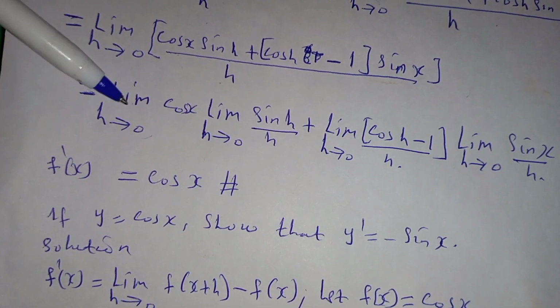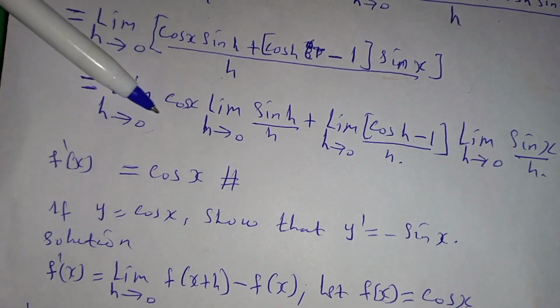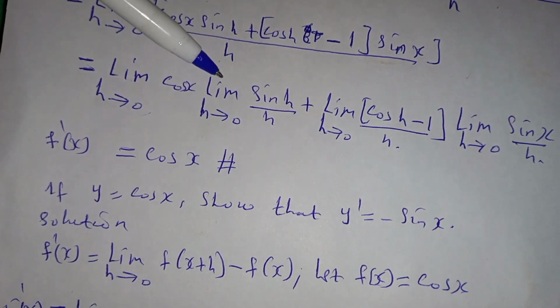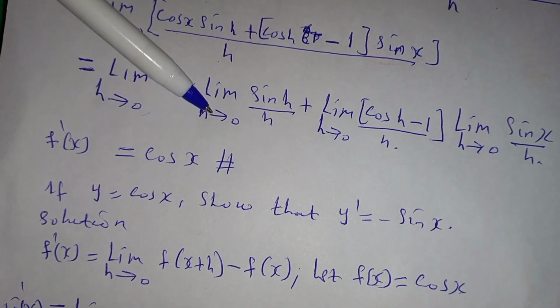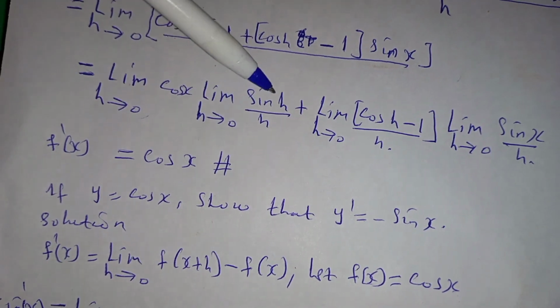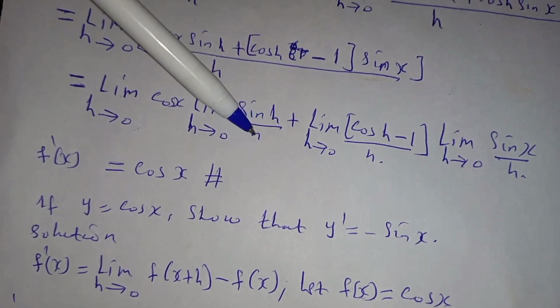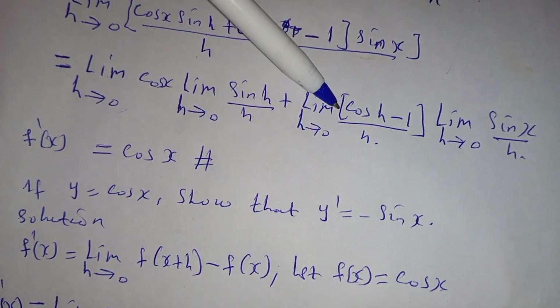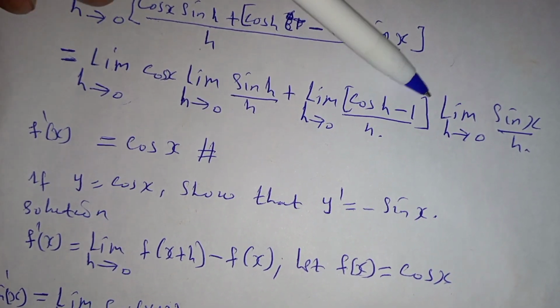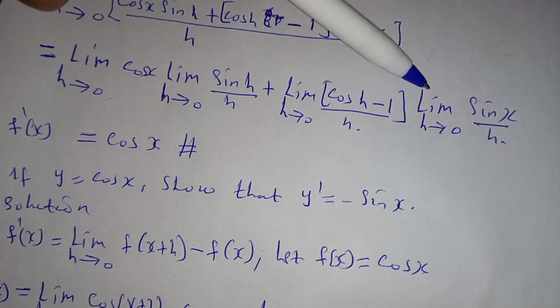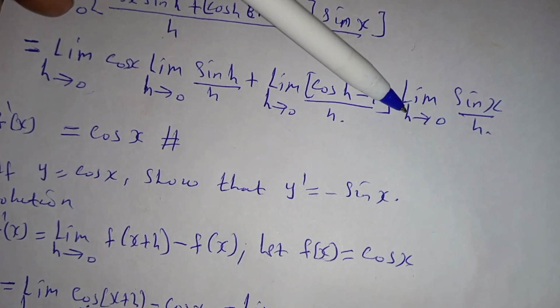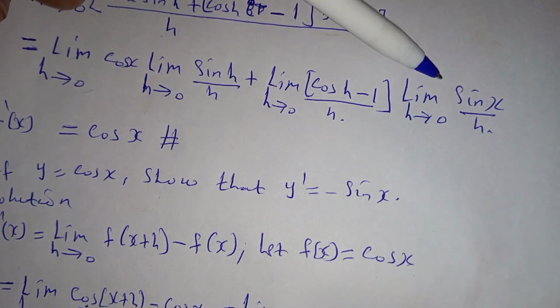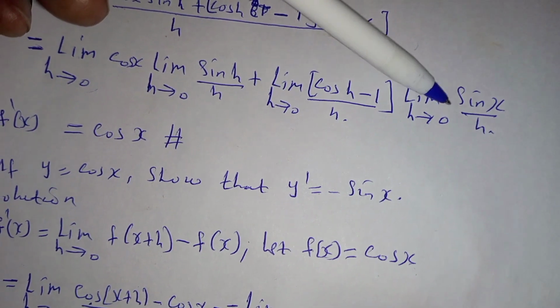So we have the limit as h tends to 0 of cos x, limit as h tends to 0 of sin h over h, plus limit as h tends to 0 of cos h minus 1 over h, multiplied by the limit of sin x.